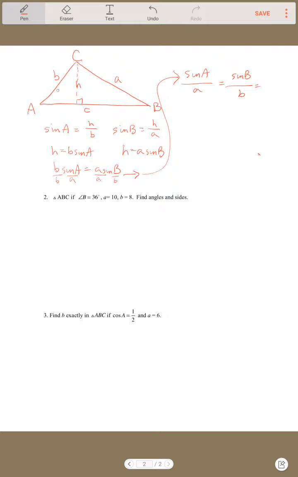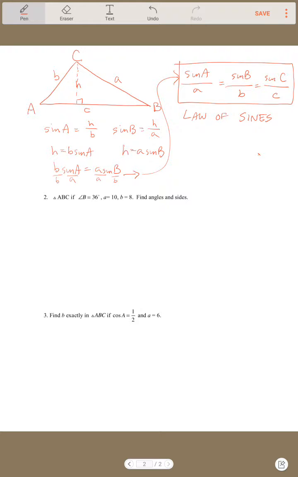We won't do it just because I don't really have enough room, but the idea here is if you notice the pattern, you can say that's the same thing as sine of angle c over side c. And this right here is what we call the law of sines, because it deals with sines.